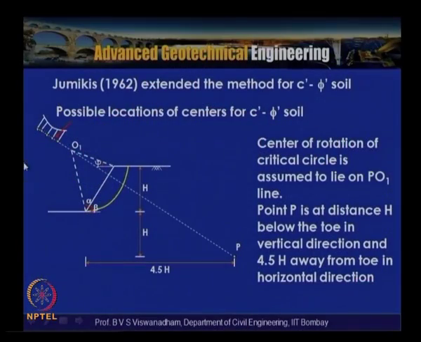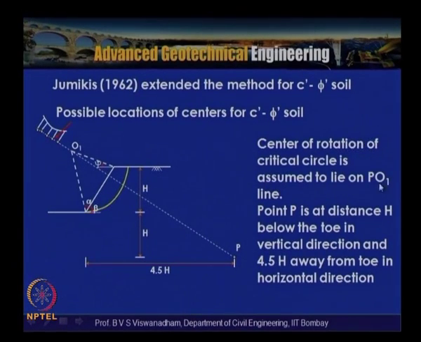Another conventional method, given by Jumikis, gives the possible location of centers for c dash and phi dash soil. Here the center of rotation of the critical circle is assumed to lie at point O1, and point P is at a distance h below the toe, and 4.5 times the height towards the toe of the slope.